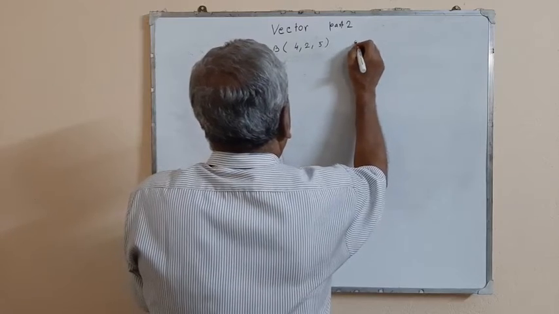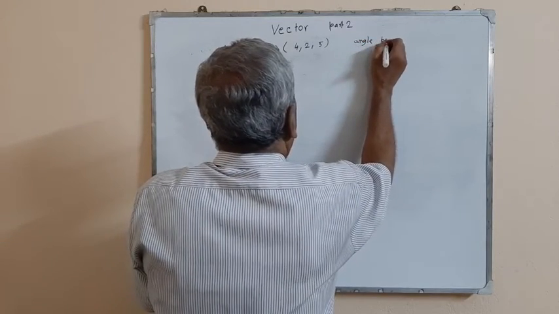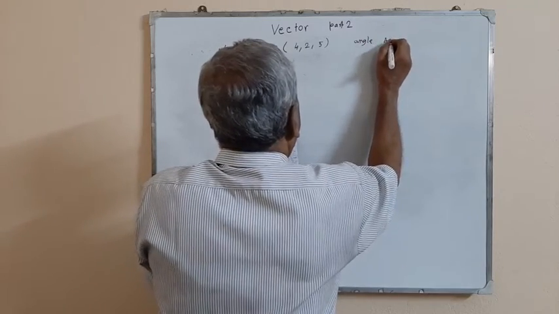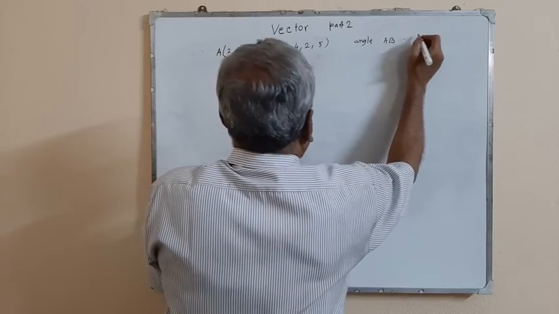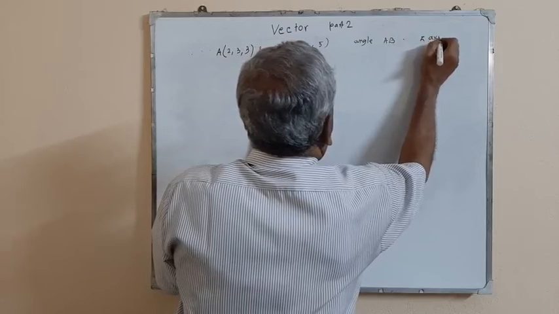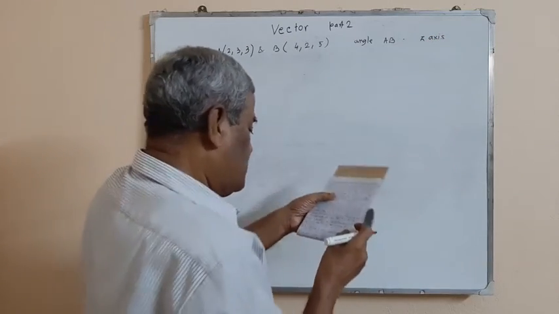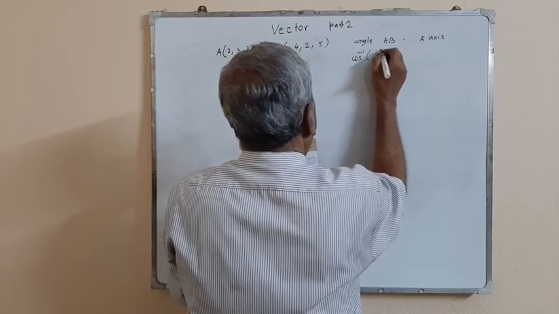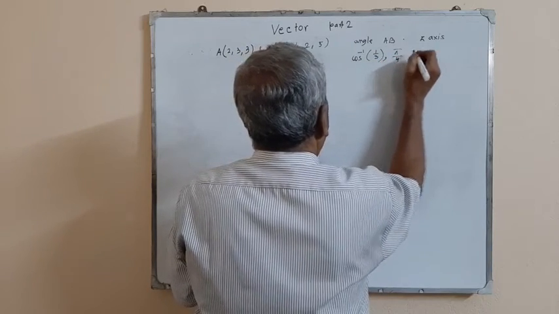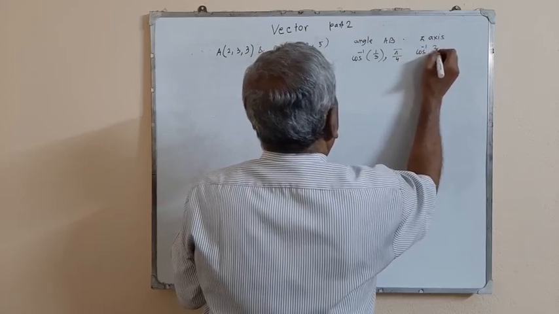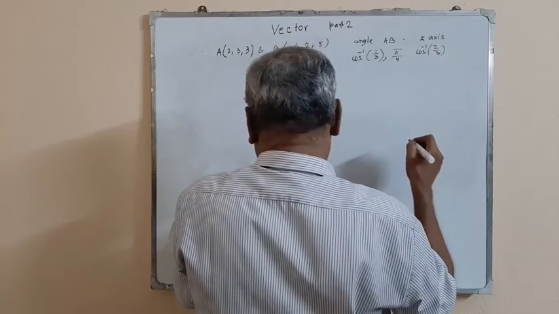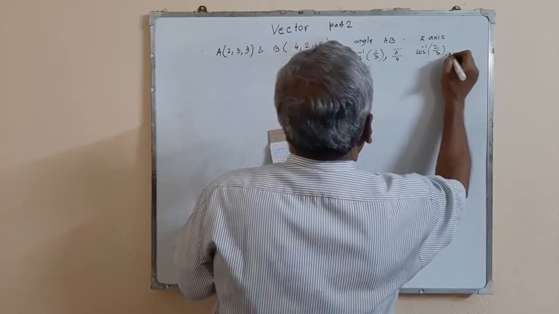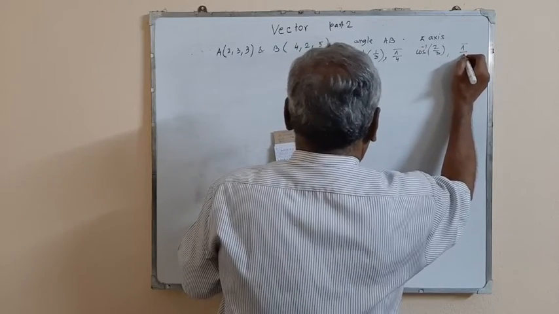The angle which AB makes with Z axis. Options: cos inverse 1/3, pi by 4, cos inverse 2/3 and cos inverse pi by 3.